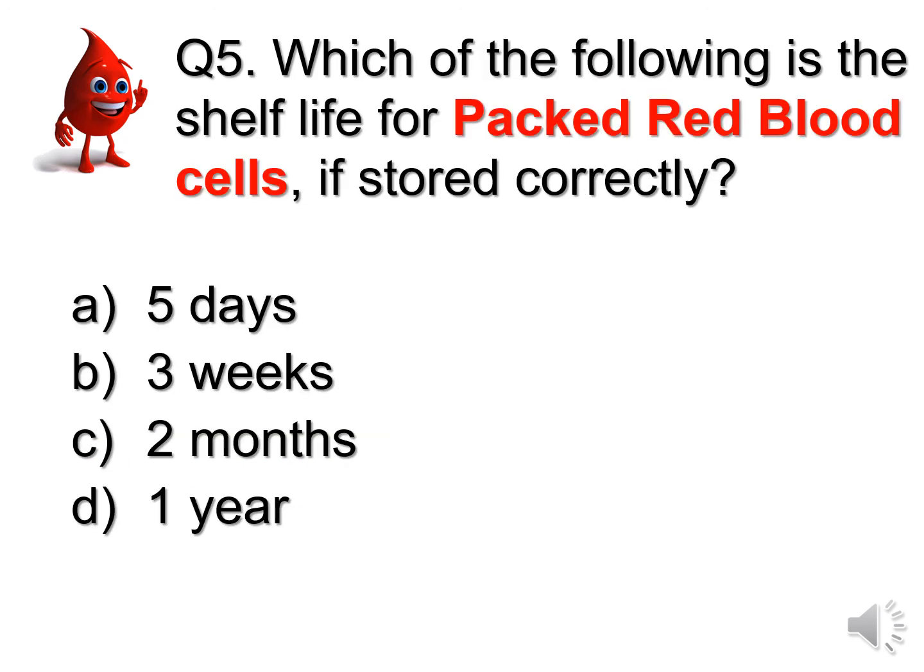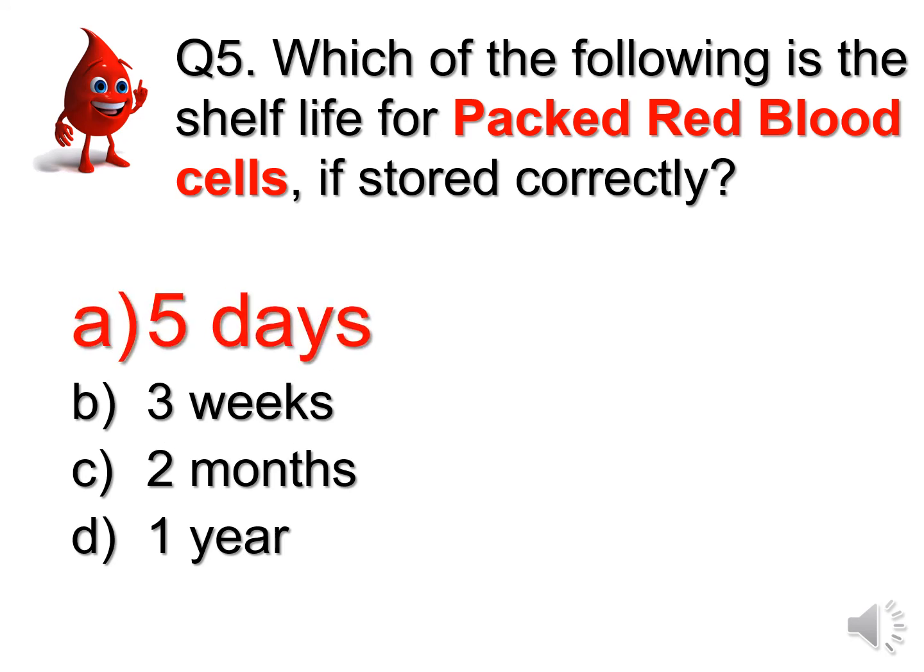Which of the following is the shelf life for packed red blood cells if it's stored correctly? 5 days, 3 weeks, 2 months or 1 year? Stored correctly is in a blood fridge. The correct answer is 5 days.